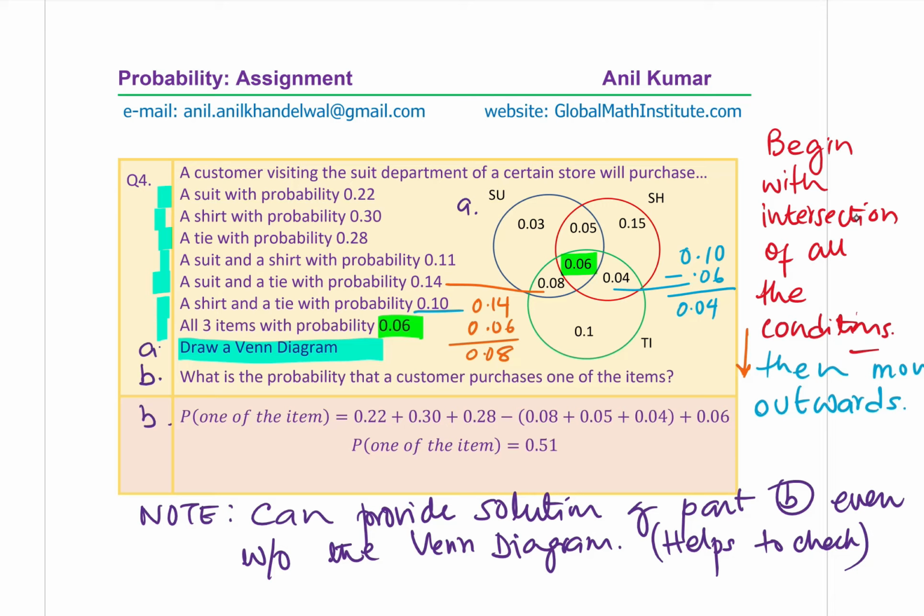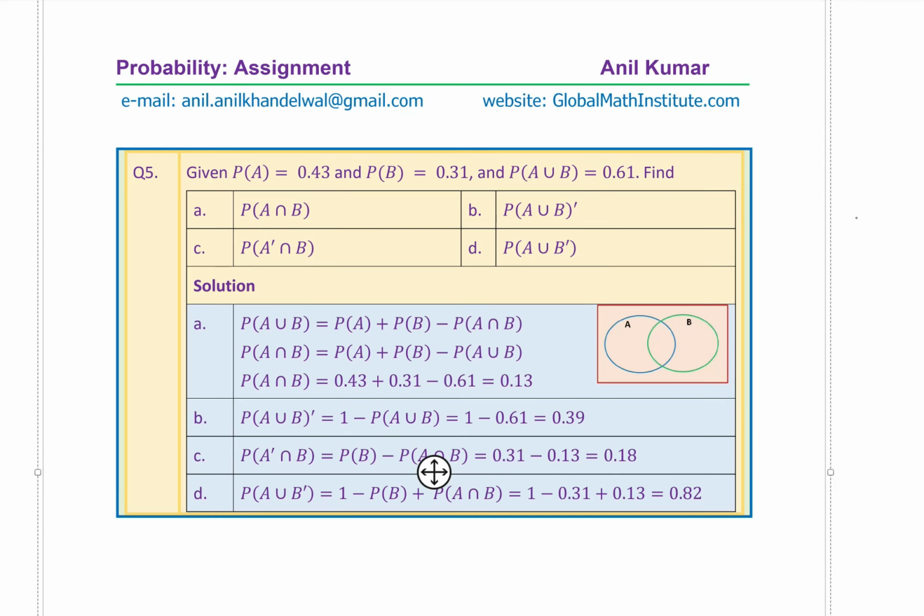I hope the concept is absolutely clear, right? Now let's move on and check the solution for example 5. Now in example 5, we are given probability of A, probability of B, and probability of A union B, correct? So we have to now find probability of A intersection B. How will you find this?